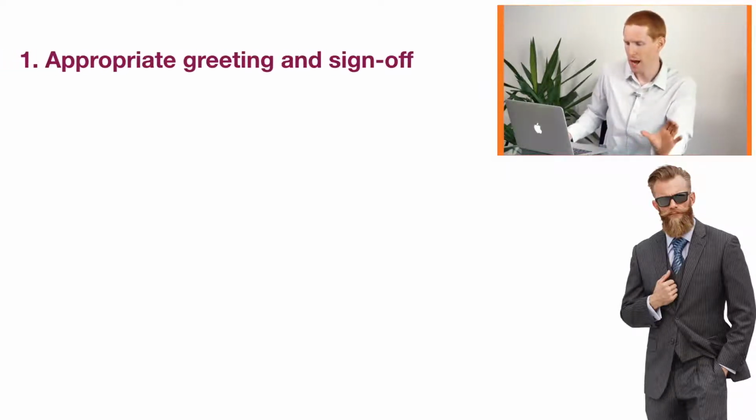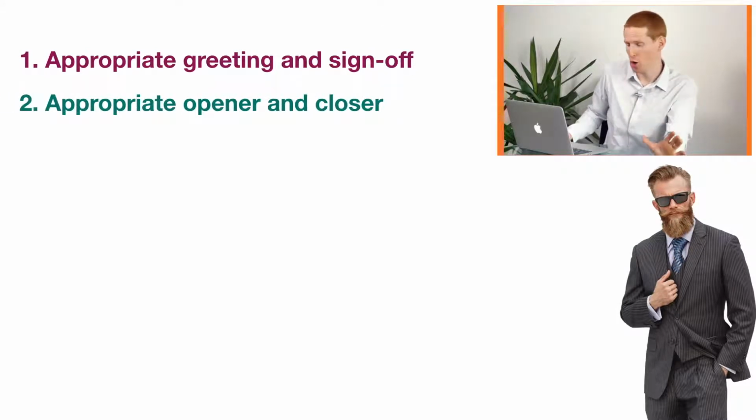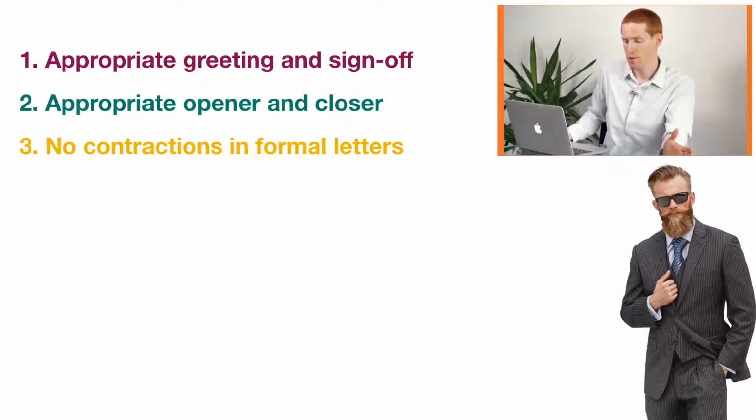Okay, so in the last lesson we looked at 8 differences between formal and informal letters, and we're just going to check the criteria now to make sure that our formal letter is acceptable. The first one, we have an appropriate greeting and sign-off. The second, we have an appropriate opener and closer. Number 3, no contractions in formal letters.